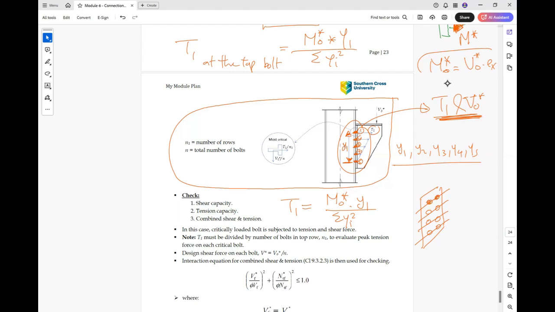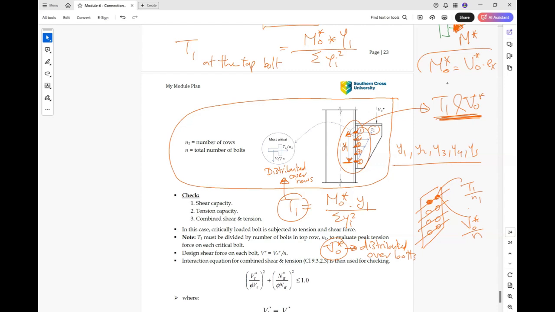So for the bolts, it is T1 over N1, and for shear it is V star O over N. T1 will be distributed over the rows, and V star O will be distributed over the bolts.